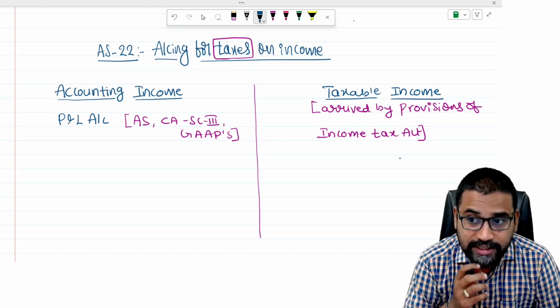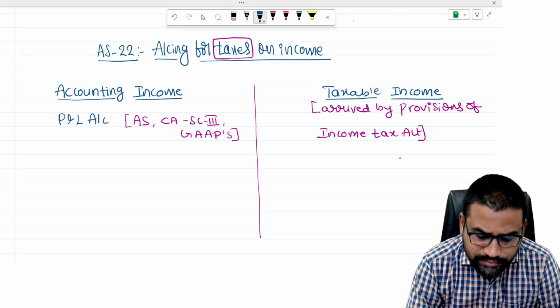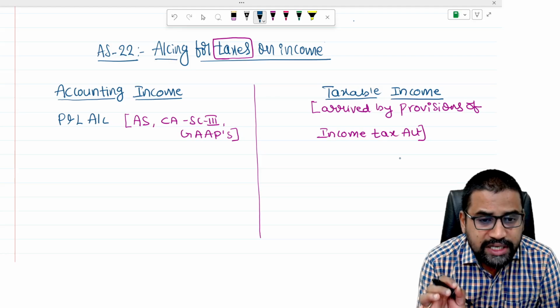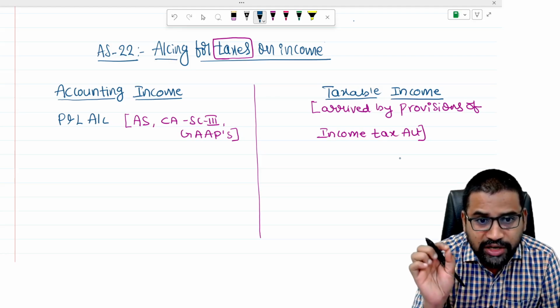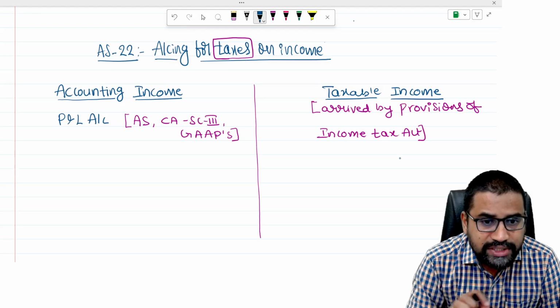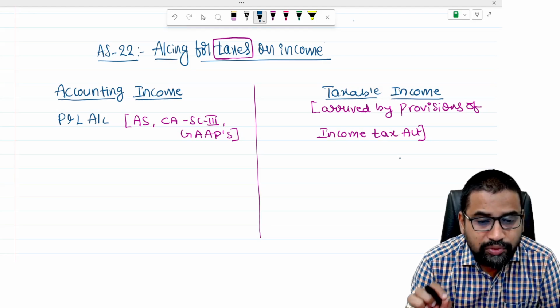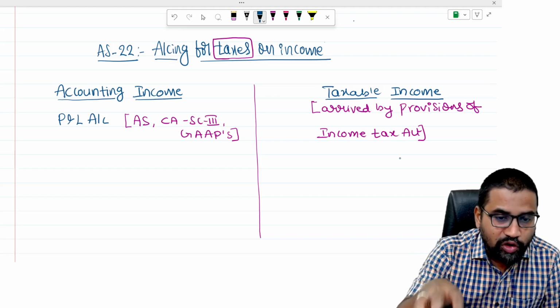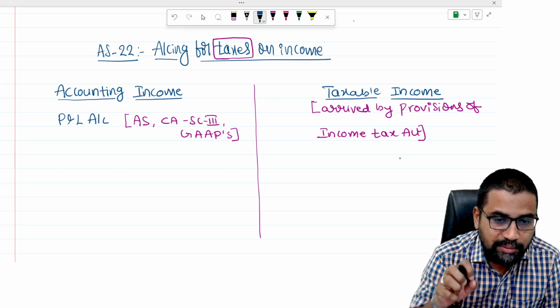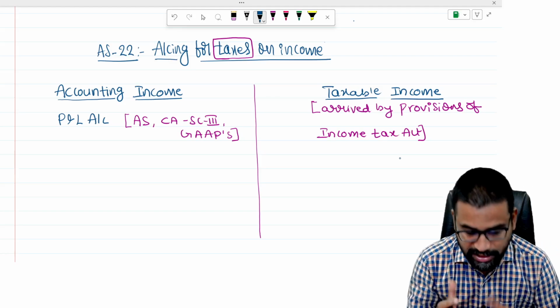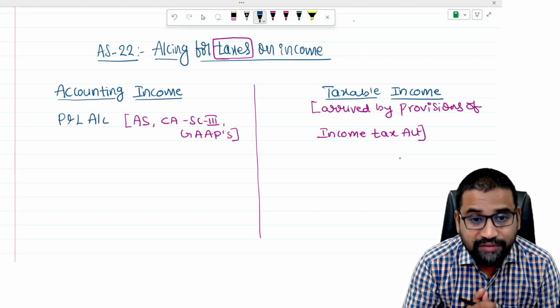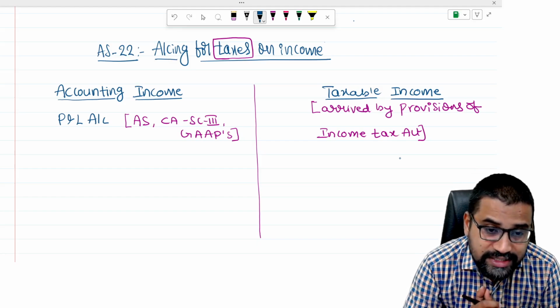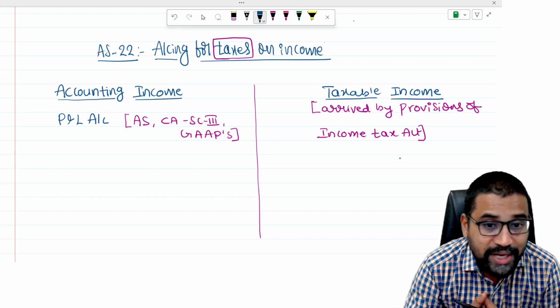And one more thing, suppose depreciation. Depreciation is the best example, sir. When you prepare P&L account, you calculate depreciation by following the provisions of Companies Act. You follow the rates given in the Companies Act schedules, and you arrive at the depreciation. Whether that depreciation is the depreciation which is allowed as per the Income Tax Act? No, sir.